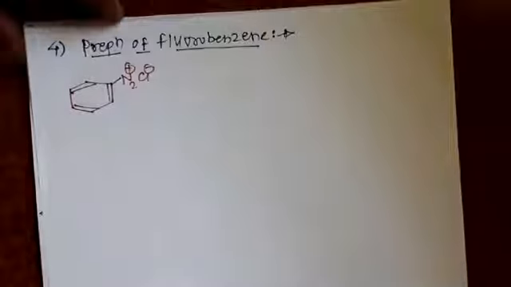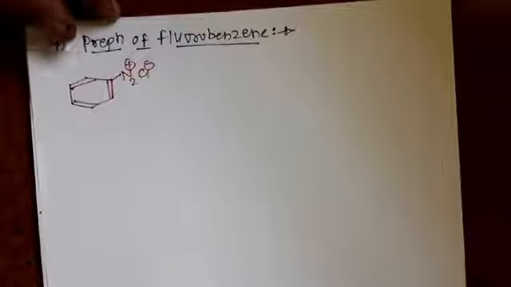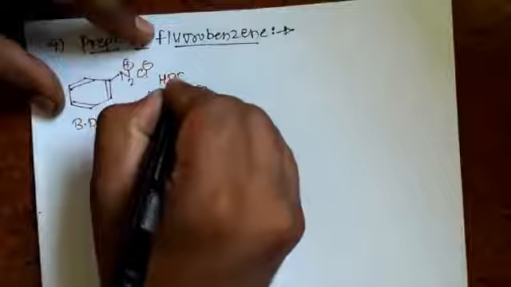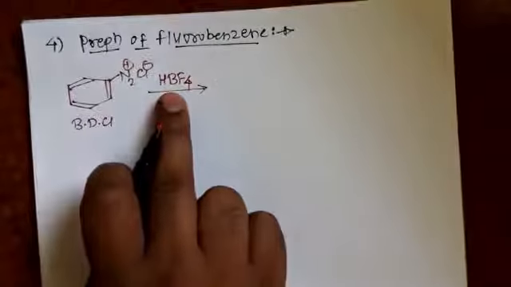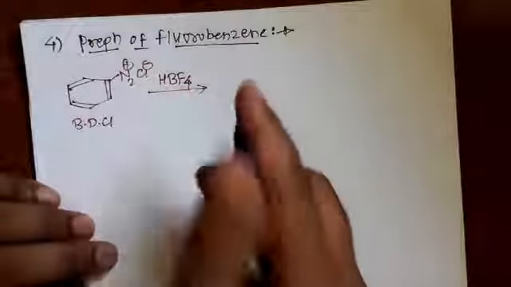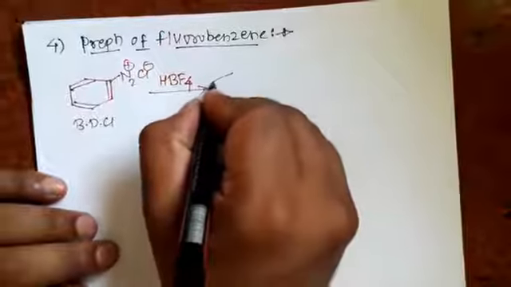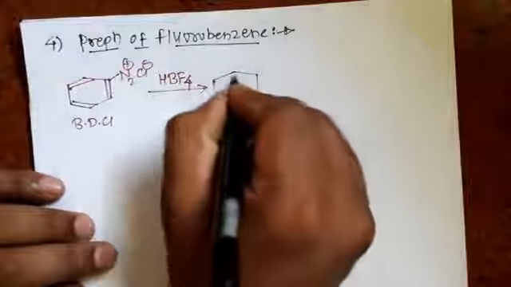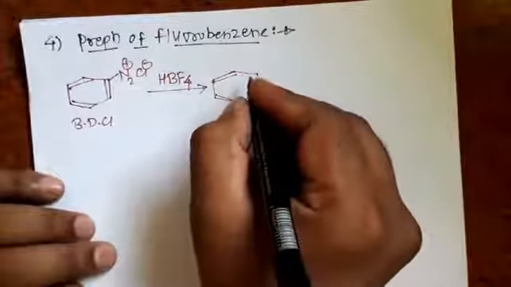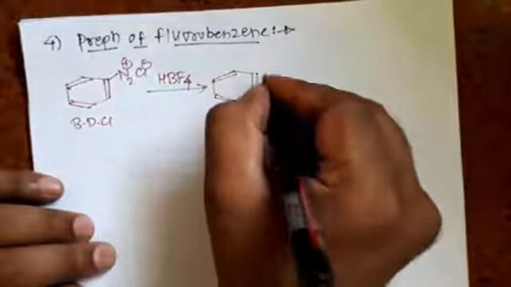This benzene diazonium chloride is first treated with fluoroboric acid, that is HBF4. This is fluoroboric acid. It gives another salt called benzene diazonium fluoroborate.